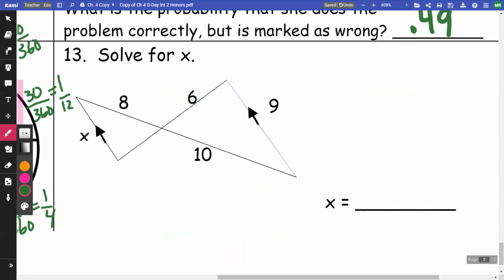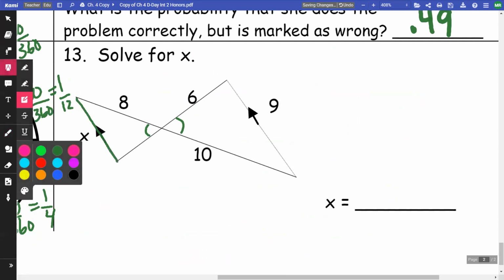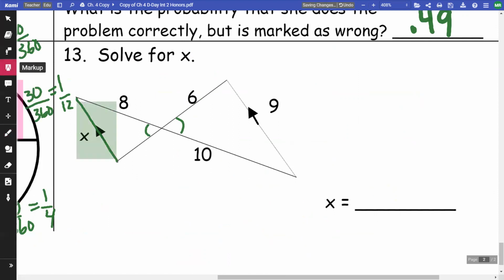On 13, here we have a situation where these are vertical angles. These angles are the same. They also are giving us that this side here and this side here are parallel.